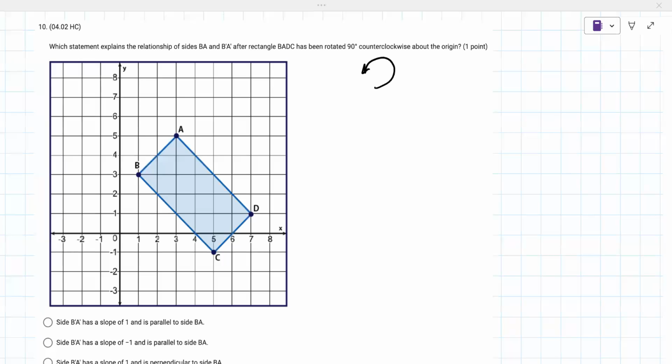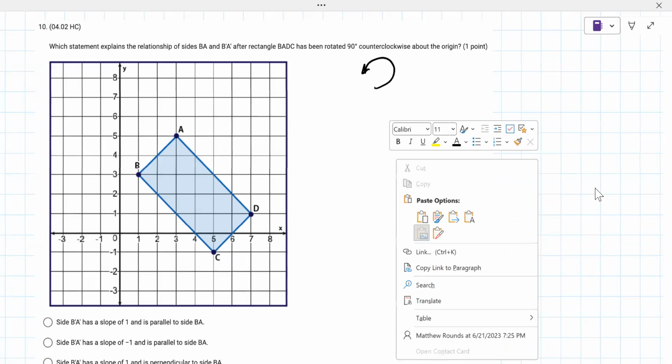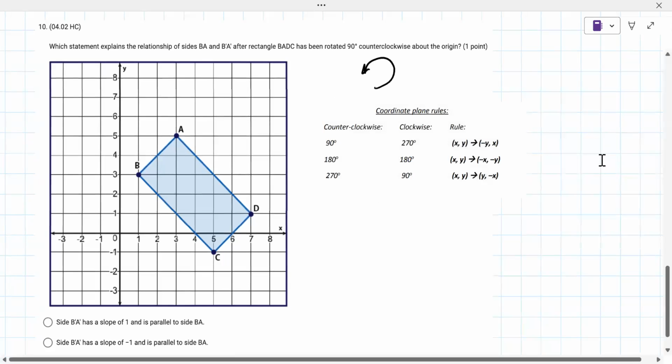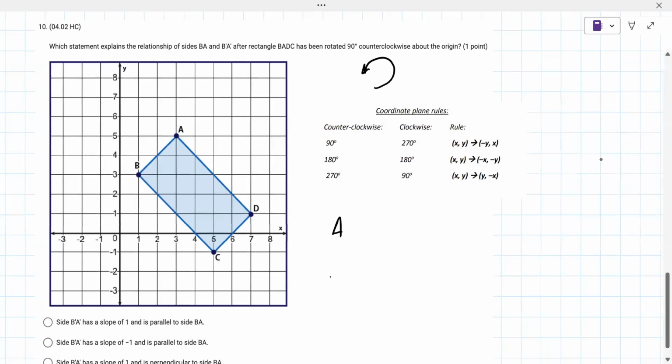All right, so I sent you a link at one point to a rotation thing here. Here are the rules. Let me snip those in. All right, so let's label points A and B here. A is (3,5) and B is (1,3).